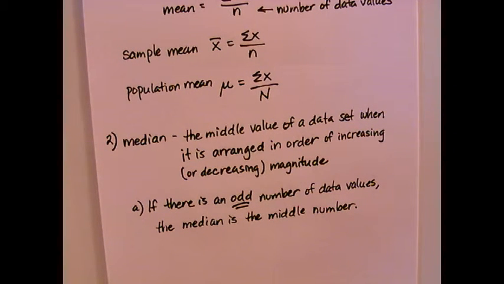An odd number of data values means you can easily find the median by just locating that middle number.